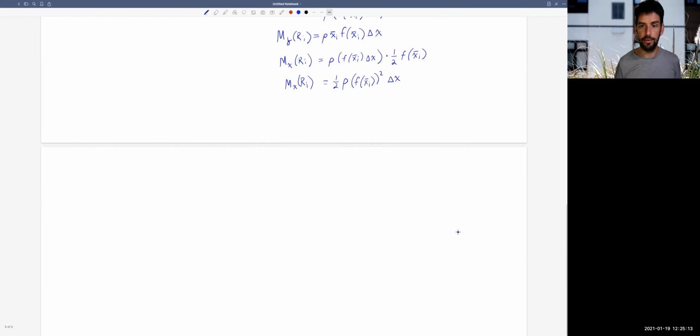So in this case, that's rho x bar sub i f of x bar sub i delta x.